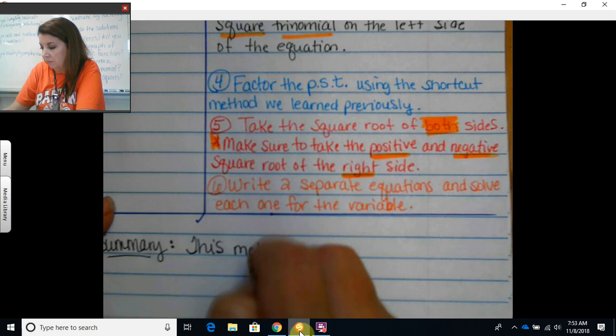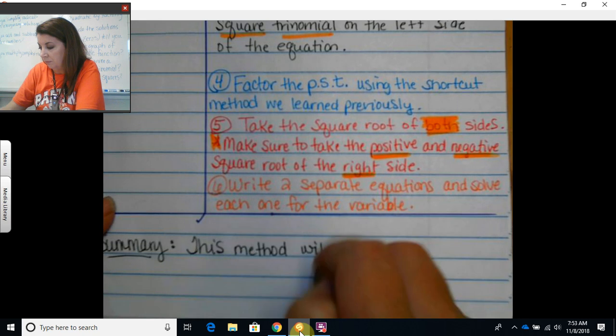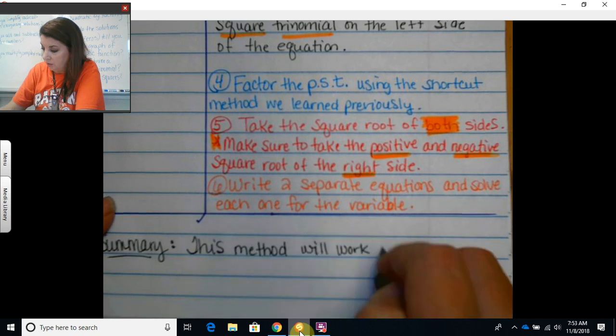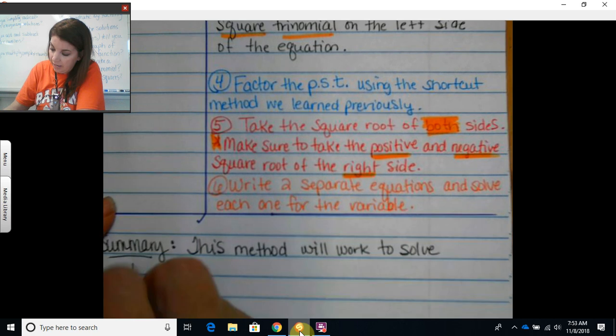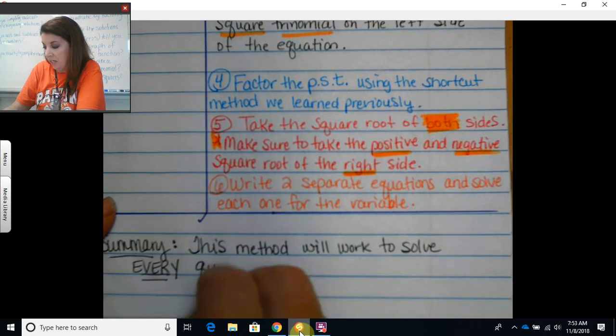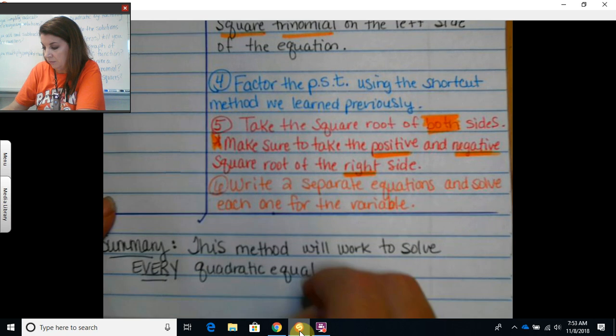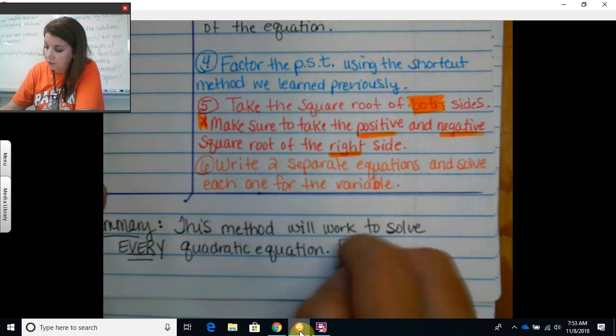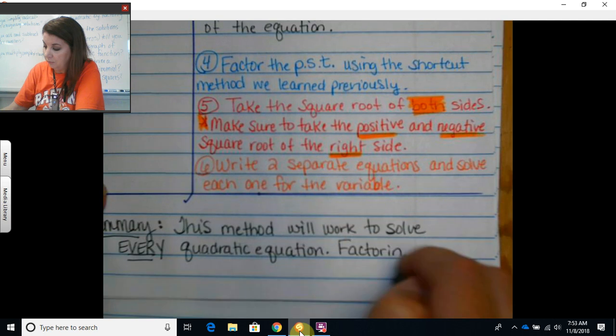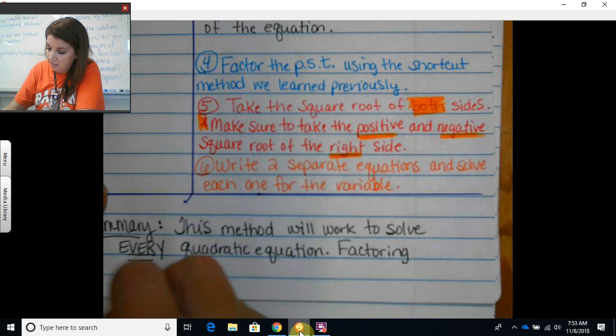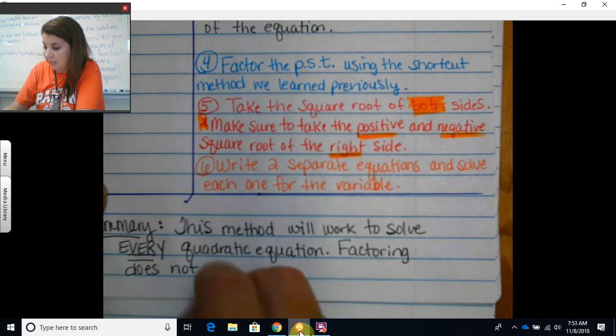Okay. So maybe we could say this method will work to solve every quadratic equation. Factoring does not always work.